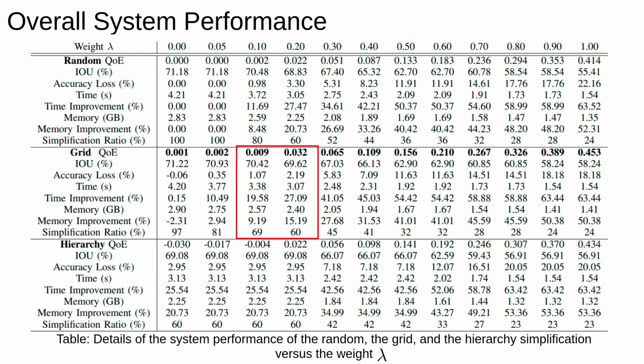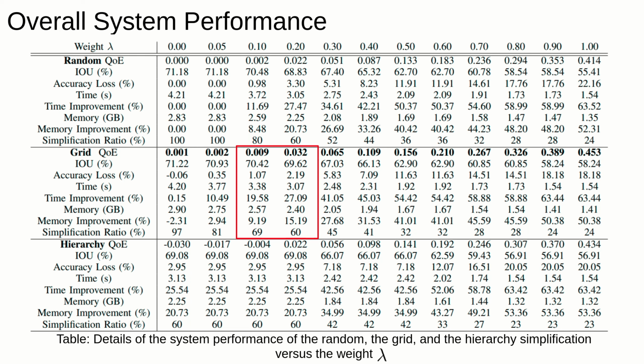We can see from the table that Slimmer is an effective framework for accelerating 3D semantic segmentation. For example, Slimmer reduces about 90% inference time and 9% memory usage with only 1% accuracy loss, using the grid simplification with a simplification ratio of 69%.